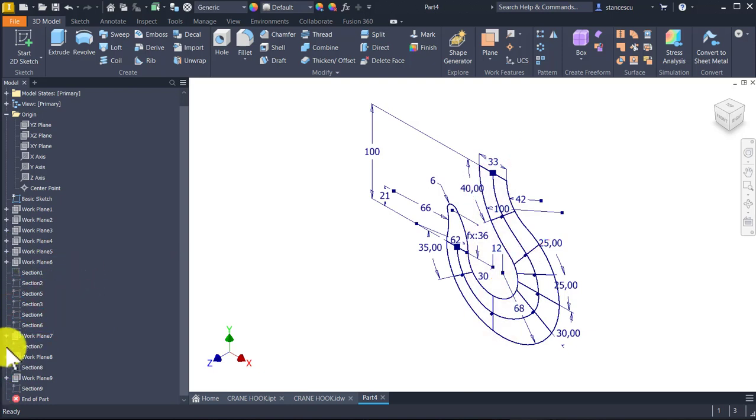You understand me, yes? I cannot place them below the sketch. For instance, this is connected with this. I cannot move this down, you see? Only up. And you must understand why. Because the plane is the base for the sketch.